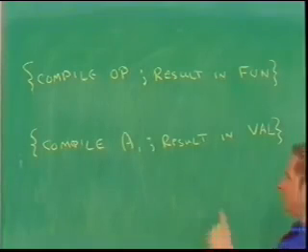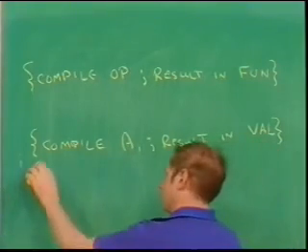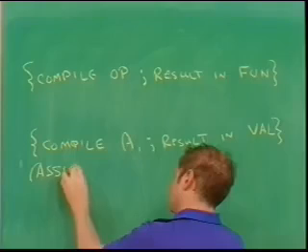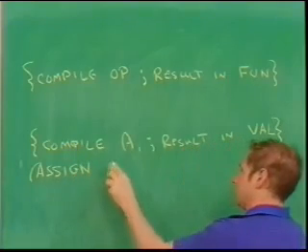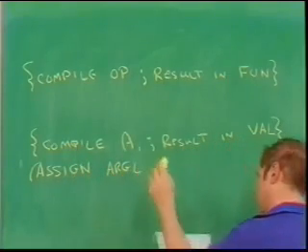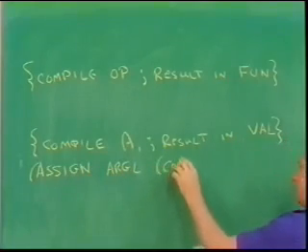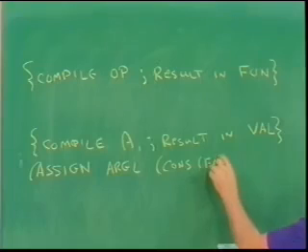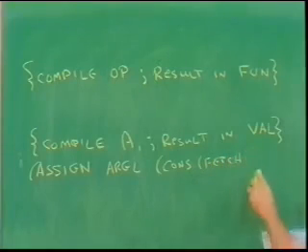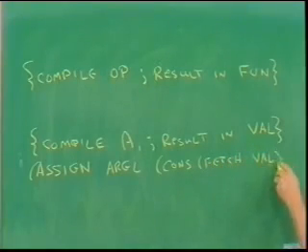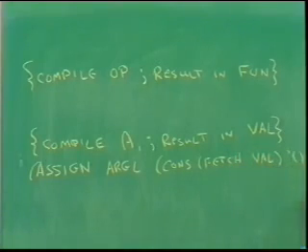And then what it's going to need to do is start setting up the argument list. So it'll say assign to argl const fetch, so it generates this literal instruction, fetch val onto empty list.